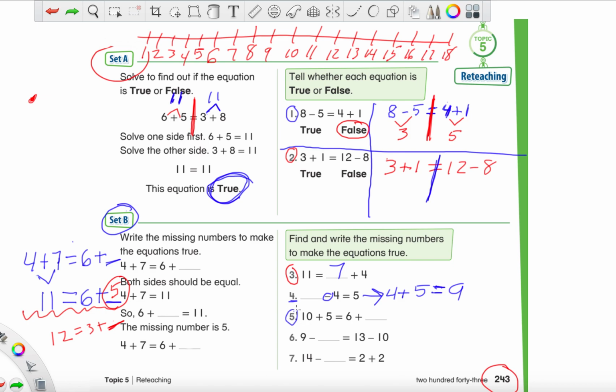I want you to try number 5, 6, and 7 completely on your own. Just remember, you solve the side with 2 numbers first, and then find out the jumps between this small number and that big number. Again, the side with 2 numbers is solved first, and then find out the jumps between the 2 numbers you have left. That's all we're doing. That's the only 2 steps you need.